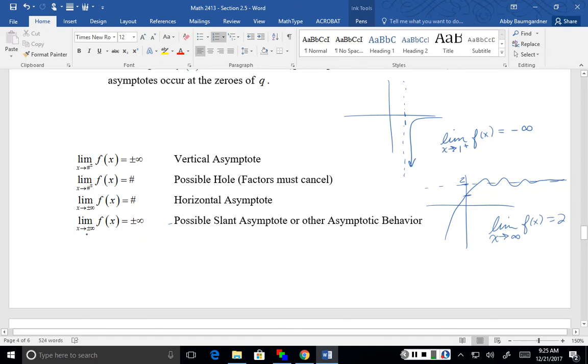If you have the limit at infinity or negative infinity of a function and it returns either infinity or negative infinity as an answer, you have a possible slant asymptote or other asymptotic behavior, or nothing at all. All right, these are just possibilities. So be mindful of these in particular, and don't forget how to determine a hole in the graph as well.